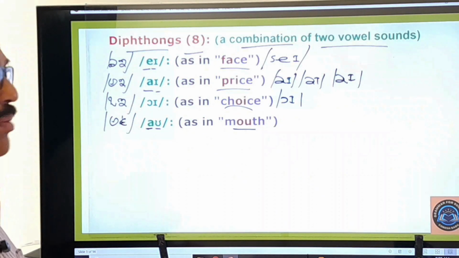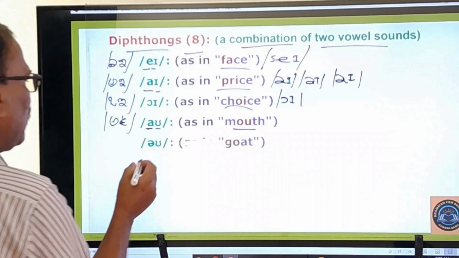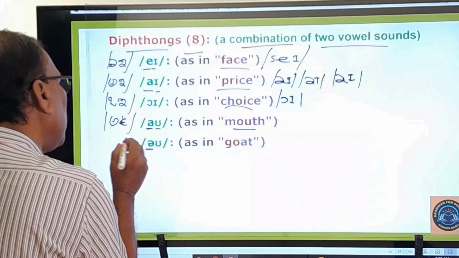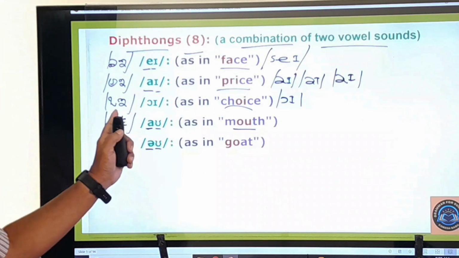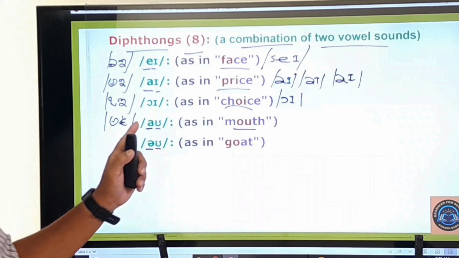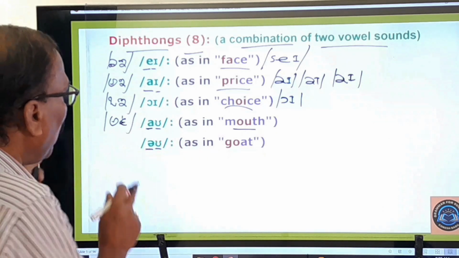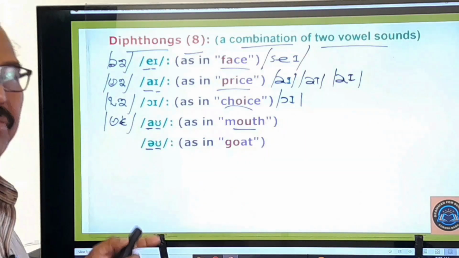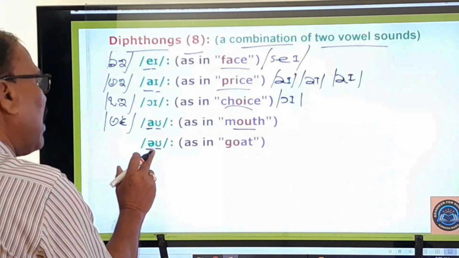Okay, next one: this is not the short ow, this is the strong one, mouth. But here, go. So this pronunciation is different from mouth, south. This is stronger than this one.